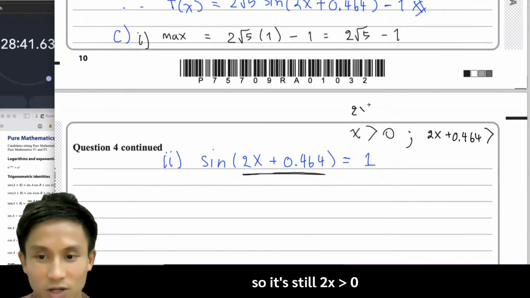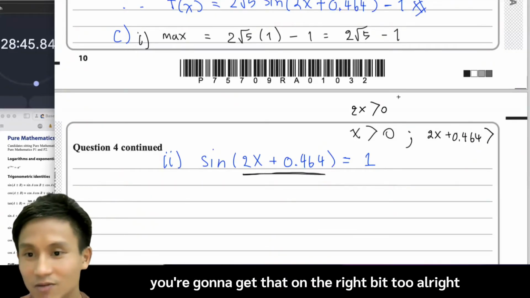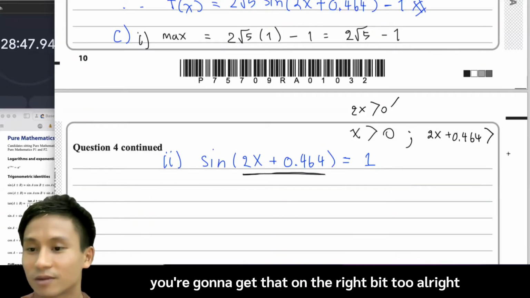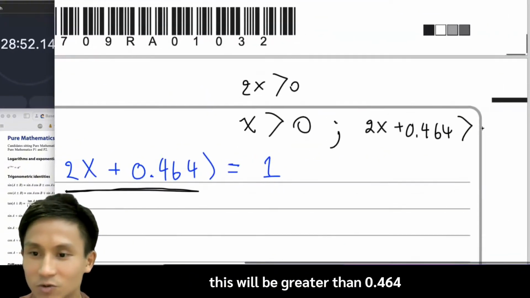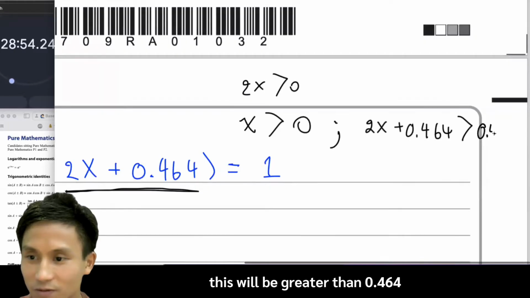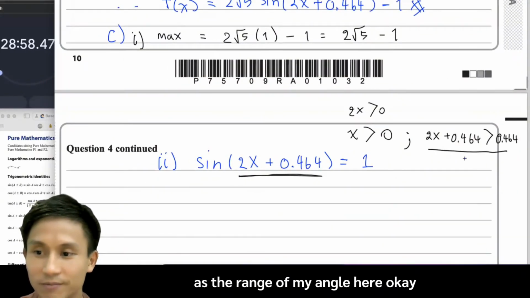So it's still 2x greater than 0. But then when you add this bit, you're going to get that on the right too. I'm just going to say that this will be greater than 0.464 as the range of my angle here.